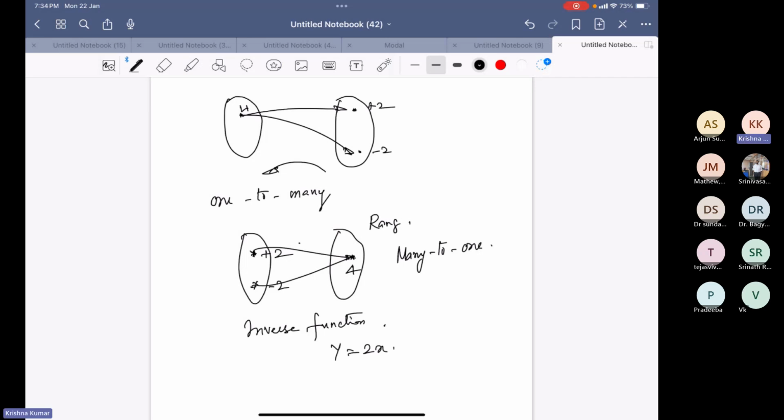So an inverse function is written as f inverse like that. So what does that mean? Given x, I can get y. So I can ask the question, given y, can you get x? Yes. So x is equal to y divided by 2.